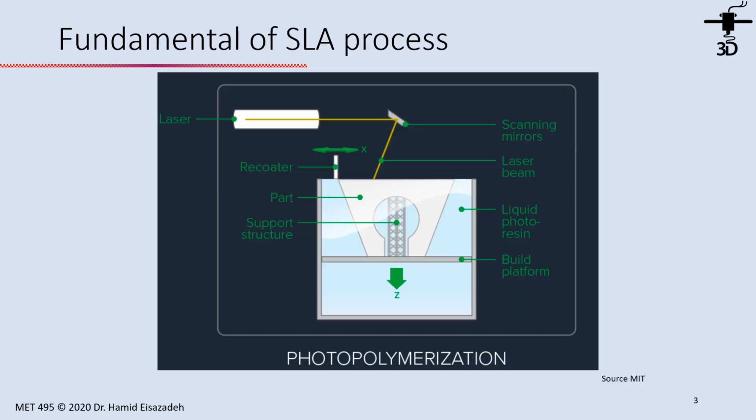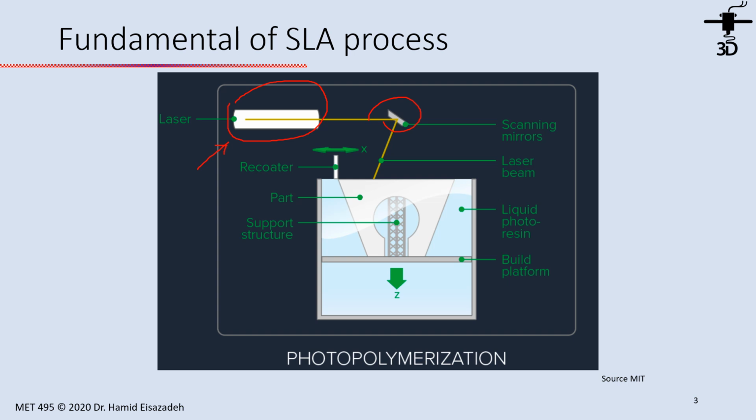Here we're going to look at the fundamentals of SLA. We have various components. We have an energy source, which is a laser. We may have another source, but now we are looking at the laser source. We have a scanning mirror.